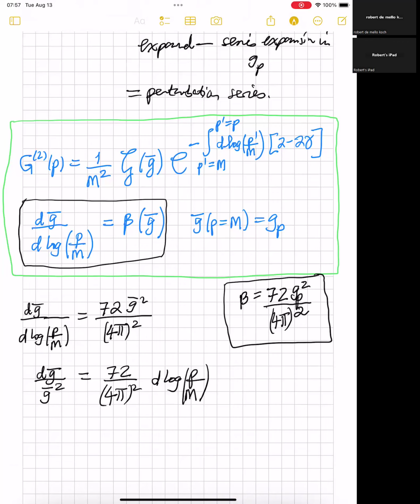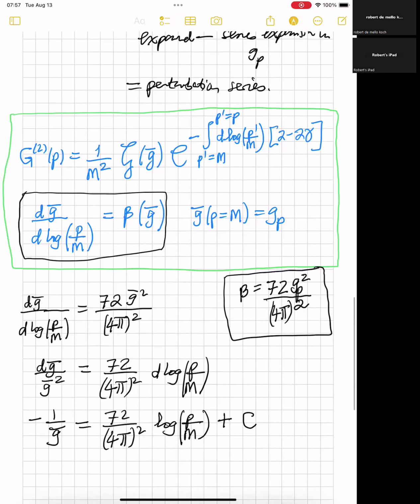And now this is very easy to integrate. So d g bar over g bar squared integrates to minus 1 over g bar is equal to 72 over 4 pi squared times log p over m, because that's what d log p over m integrates to. And of course, there's always an arbitrary integration constant, which I've just called c.